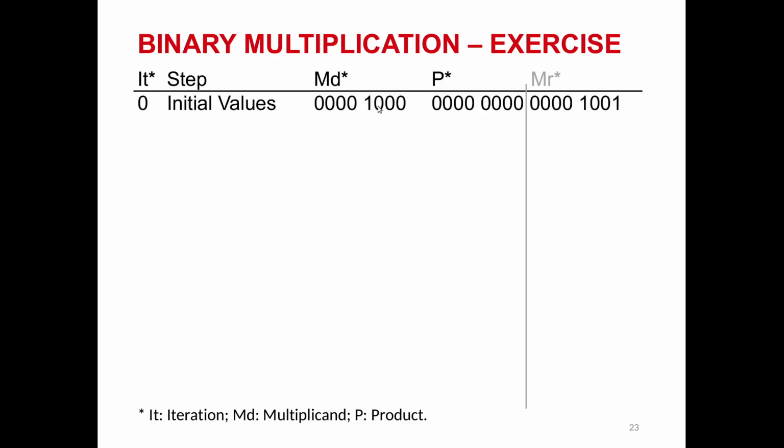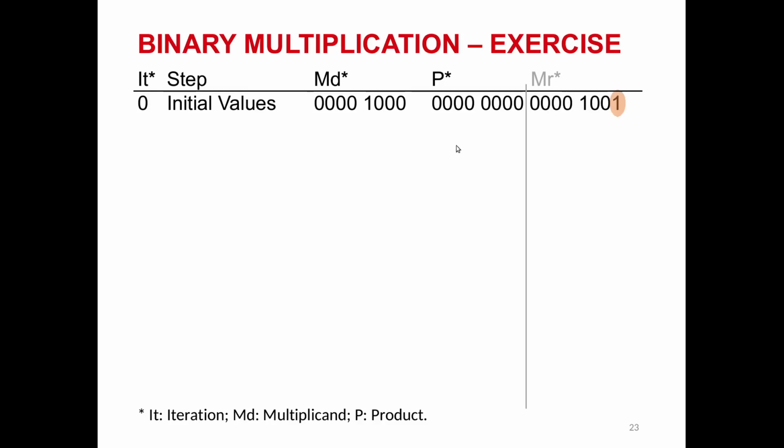So as we can see here, the initial value for MD is 8 in decimal, and the initial value for P or product is 9 in the lower bits, or 1001 for multiplier.